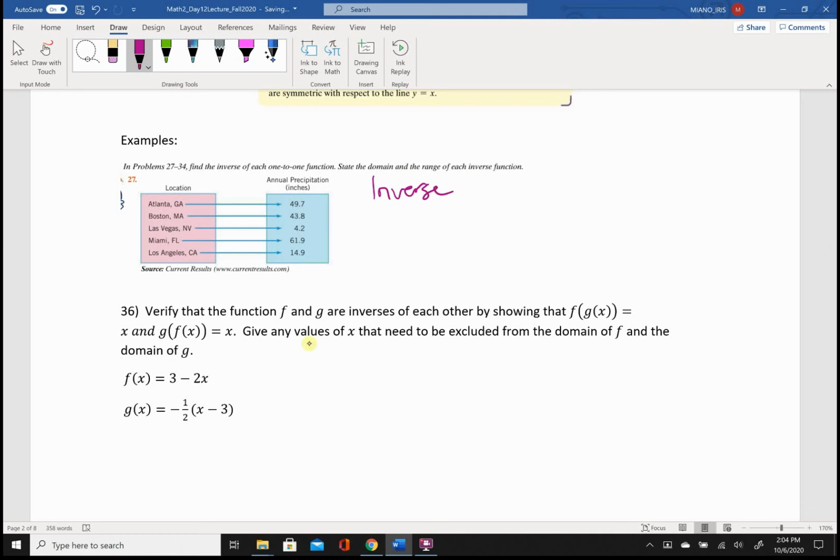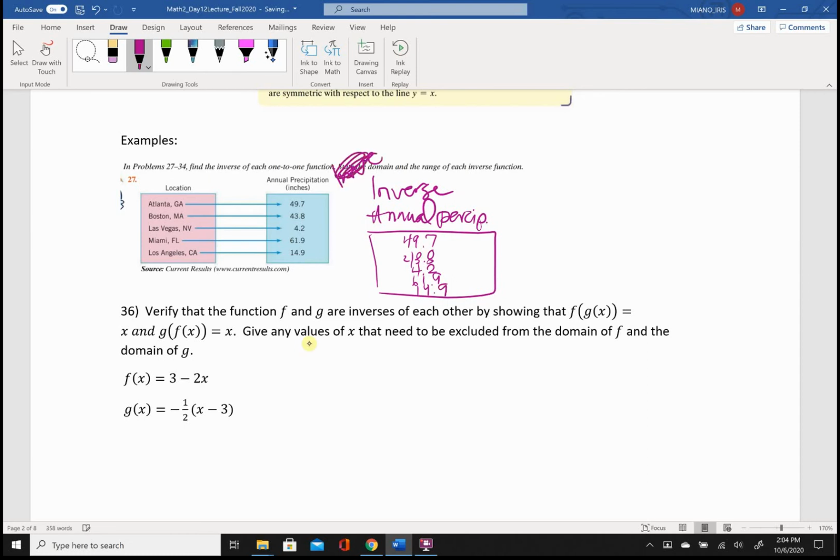So we'll have annual precipitation. I'll kind of shorten it up a little bit, which will be the 49.7, 43.8, 4.2, 61.9, 14.9, and that is the inputs now, so talking about the inverse.